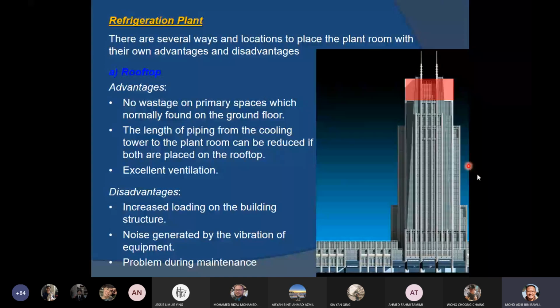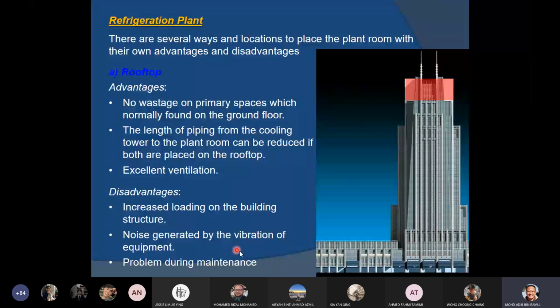But if you put the refrigeration plant on the rooftop, then automatically the rooftop becomes heavy. Then the structure needs to be very strong, from the top until the bottom, so the columns at the bottom need to be much stronger.